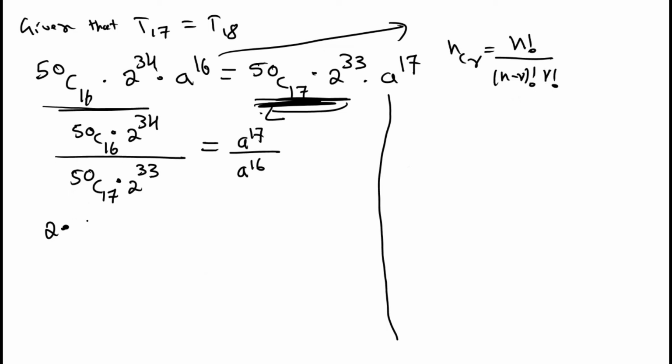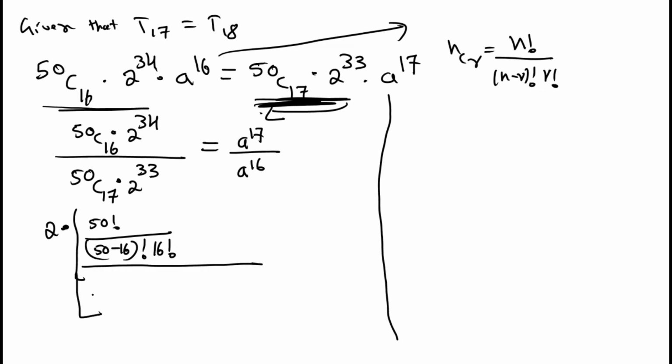It's equal to 50 factorial divided by 50 minus 16 factorial into 16 factorial whole term divided by 50C17, that is 50 factorial divided by 50 minus 17 factorial into 17 factorial, equal to a to the power 17 by a to the power 16 equal to a.